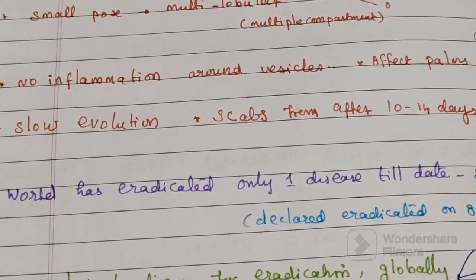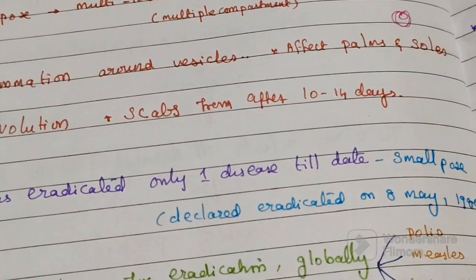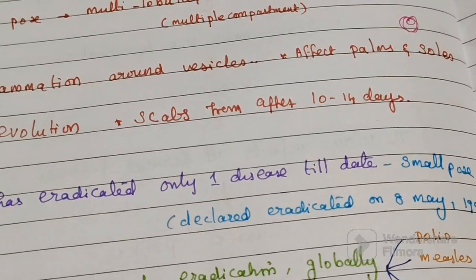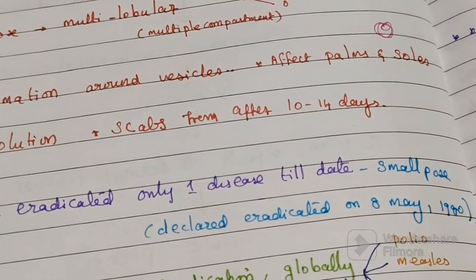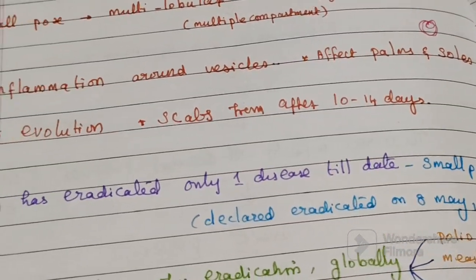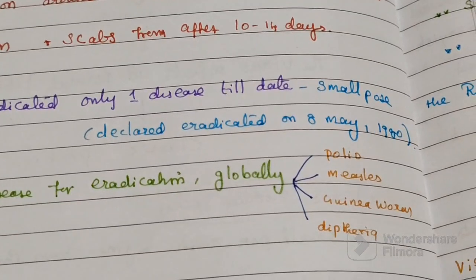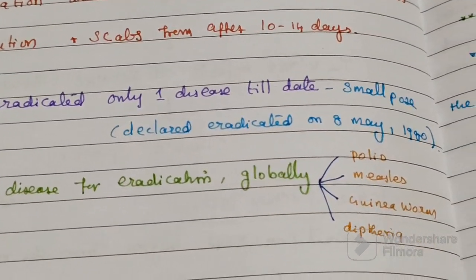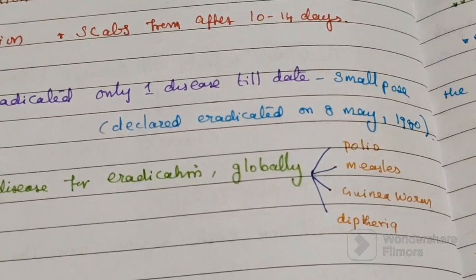Then the world has eradicated only one disease till date, smallpox, declared eradicated on 8th May 1980. So the first eradicated disease in the world is smallpox only, declared on 8th May 1980.